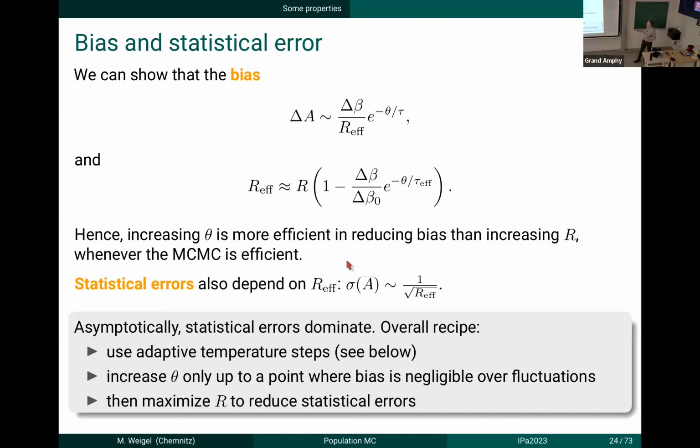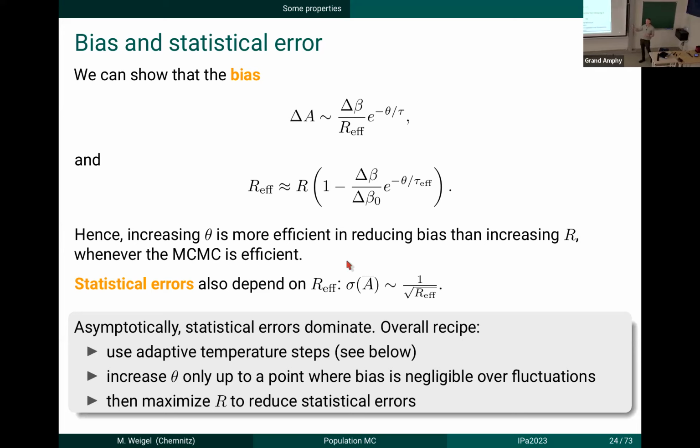Once that's done, you should choose theta to make sure that you remain in equilibrium at least until it's hopeless to remain in equilibrium. I'm thinking of the spin glass problems or glassy problems where, below a certain temperature, you cannot hope to be in equilibrium. So it doesn't make sense to increase the number of spin flips further, but up to that point, you should do that, up to the point where that allows you to remain in equilibrium.